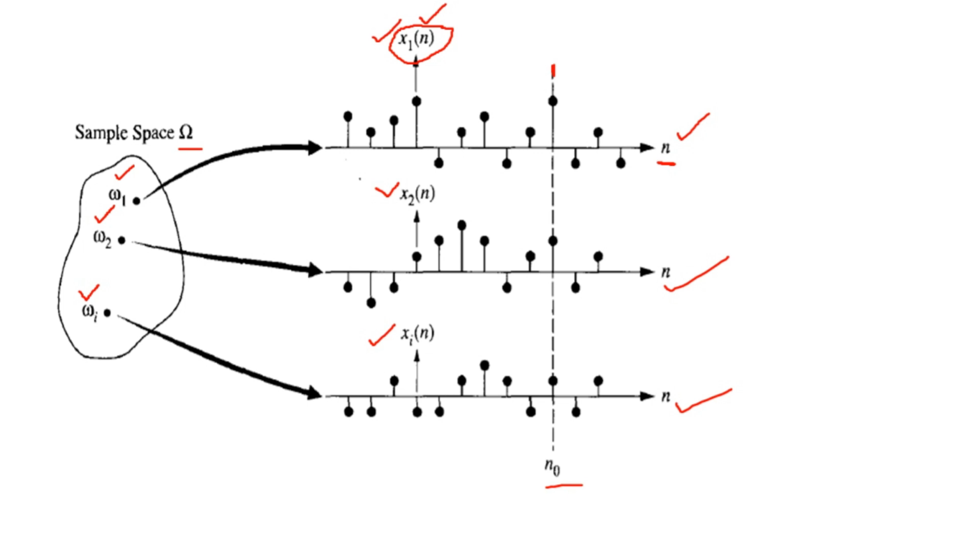So you can see this is nothing but the origin, and onto both sides we have the discrete amplitudes marked here. These are the various amplitude levels that we have represented for x1 of n, x2 of n, and in general xi of n.